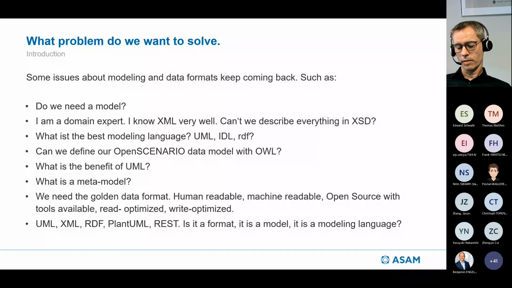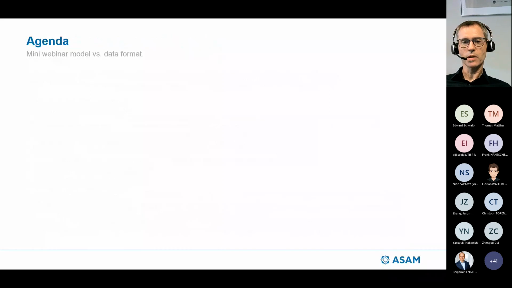So it's interesting to look at each of them from the aspects of formats and modeling. What is a model? What is a format? What is a modeling language? These are the usual questions we can tackle in this webinar.